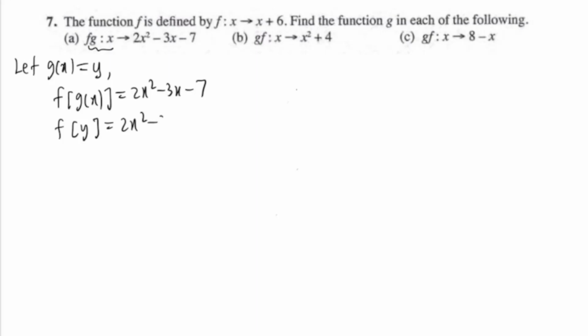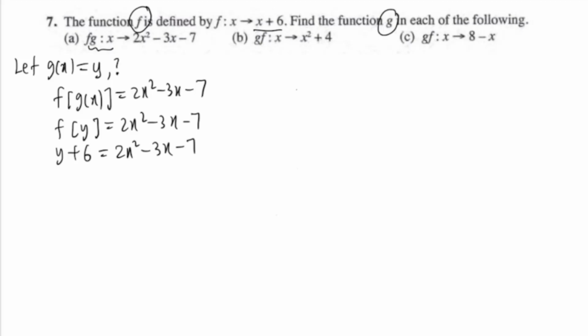Okay. What are we finding? We're finding function g. Your given function f, your f(x) is x plus 6. So f(y) will be y plus 6. Can you see that? f(x) is x plus 6, f(y) is just y plus 6. So our job is to find g(x), which is y.